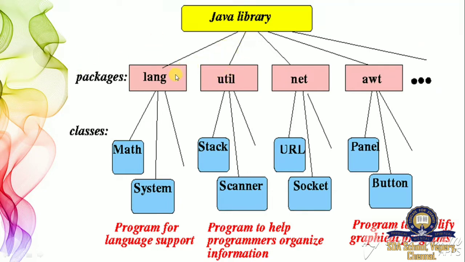There are lang, util, net, AWT. Lang means language package, util means utility, net is a network based package, AWT is abstract window toolkit. But in this, these two packages are very important, lang and util.